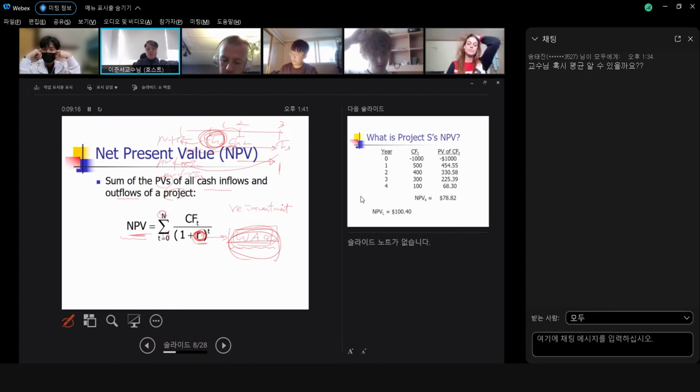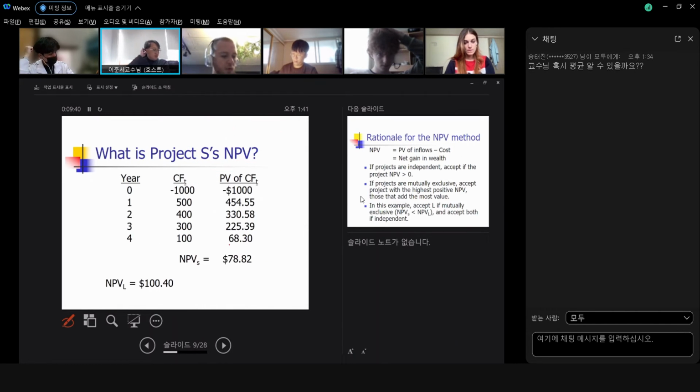So using WACC as the discount rate has the same meaning as assuming the reinvestment rate is WACC. Anyway, net present value is the sum of the present values of the cash flow stream during the project. That's it.